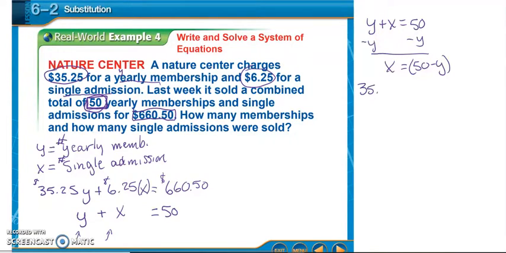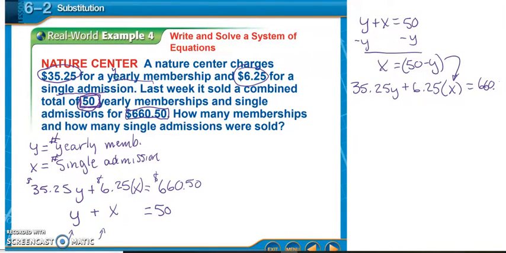So I'm going to write that over here: 35.25Y plus 6.25X equals 660.50. All I did was rewrite the original equation over on the left.